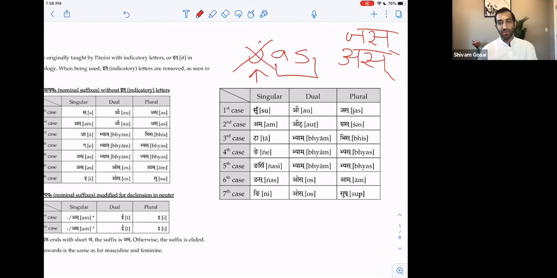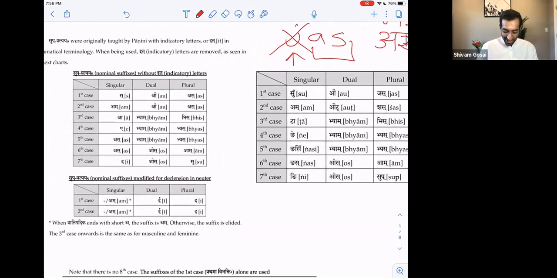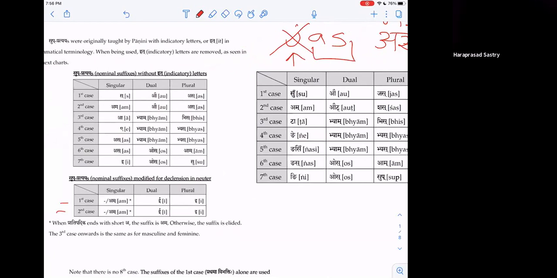Yeah, it should be, right? The sup pratyayas should be basically applied. But then what happens is they write exceptions for the rules. And so there's some exceptions for the first and second case of neuter. Okay, I see.